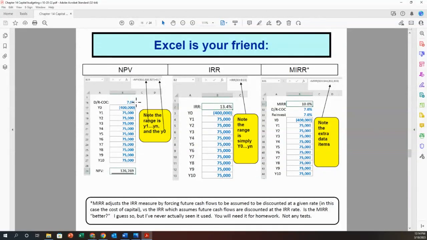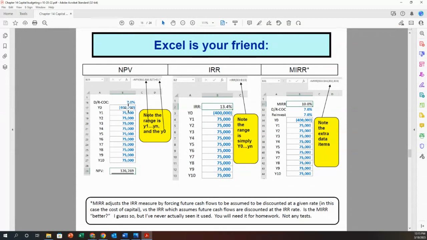The formula for net present value is equal NPV, open parenthesis, B16. So we start with the discount rate, comma, then we do the annuities, B18 to B27, close our parentheses, and then we say plus the year zero outflow.